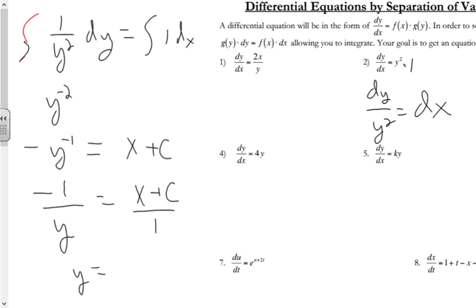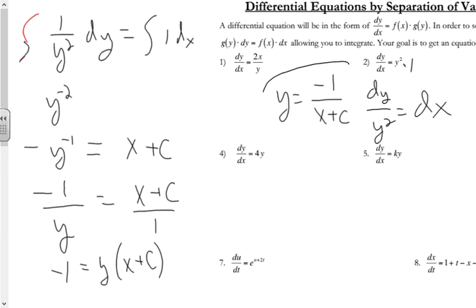I'm going to get negative 1 equals y times x plus c. Then I'm going to divide by x plus c, so y equals negative 1 over x plus c. And at this point, till they tell me an initial value, I'm done. Okay, now let's do the next one.